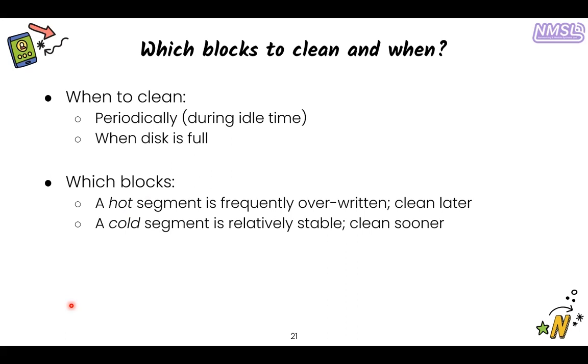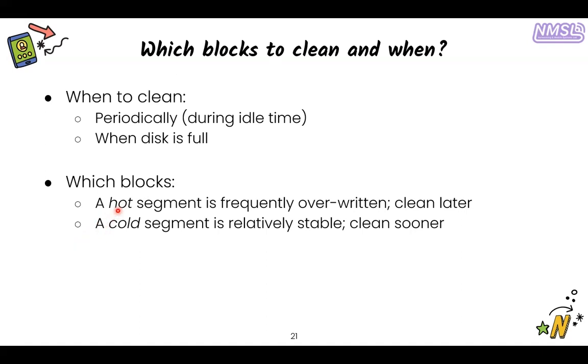So with that, how often should we clean? The answer is, okay, not too often, but periodically, possibly at idle time, or when your disk is full, right? It's a very good time to collect garbage. In terms of which blocks, well, you could categorize segments into hot or cold.